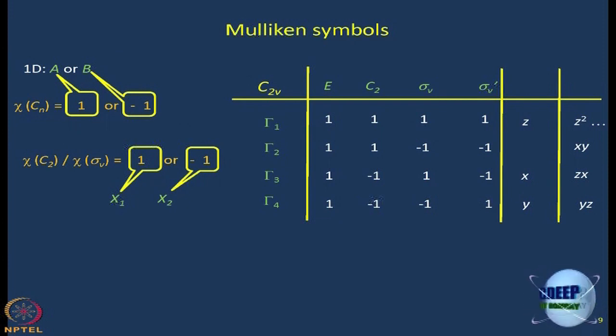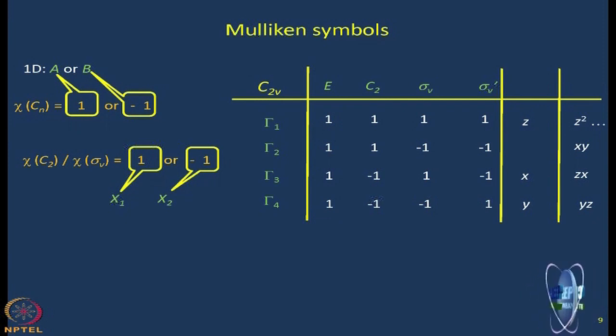Because if I want to know the character of xy, all I have to do is multiply the corresponding characters, right. 1 into 1, that is 1, minus 1 into minus 1 is plus 1, 1 into minus 1 is minus 1, minus 1 into plus 1 is minus 1. So, xy belongs to gamma 2 and hopefully Manthan is now happy. We have found something for his favorite irreducible representation, gamma 2. So, xy belongs here. What about yz?